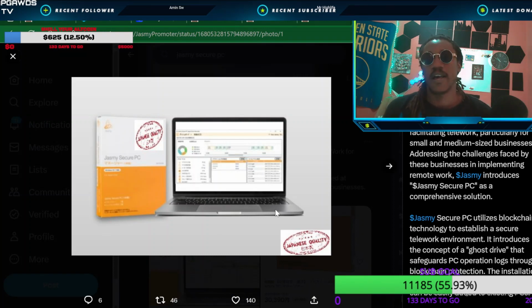So why have them buy their own PCs when you can supply them with a secure PC, a blockchain PC that can address challenges faced by businesses. If you want to know if your employee is working or how long they have been working, these blockchain PCs will be able to track all the data throughout the day, right? I can see a lot of businesses buying these.